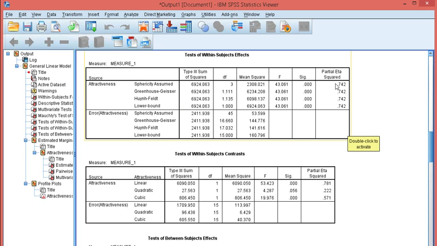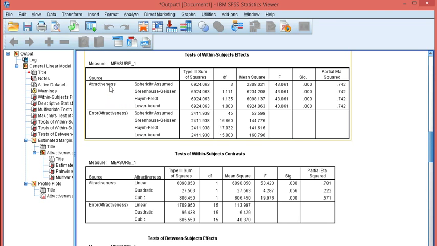Now we also have here the partial eta squared, which is a measure of your effect size. And basically what this is telling us is that it is estimated that 74.2, I converted this into percentage, 74.2% of the variability in social desirability can be predicted by the attractiveness of the person in the photograph.